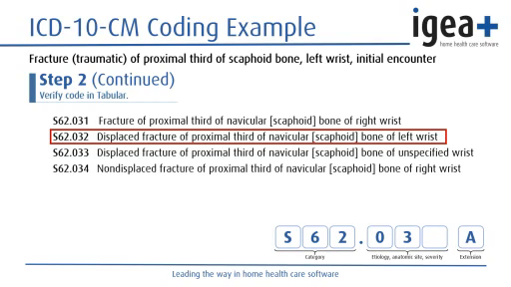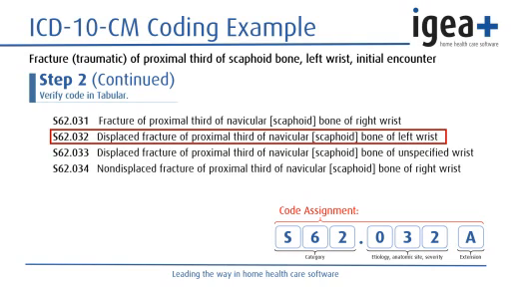And that will complete our code assignment. So it's good to know that although the documentation of the diagnosis did not indicate whether this fracture was displaced or non-displaced or open or closed, per the instructional notes under S62 we coded it as displaced and closed.